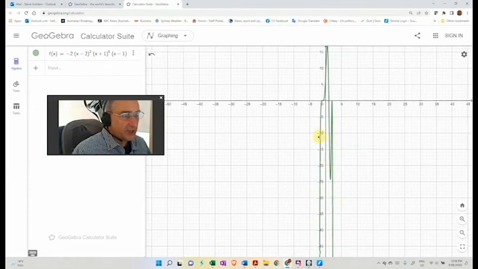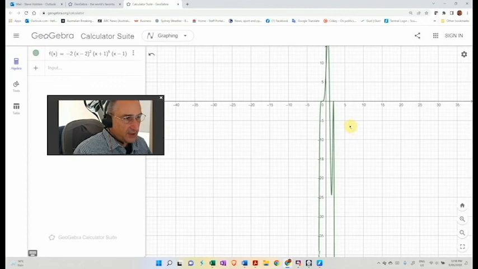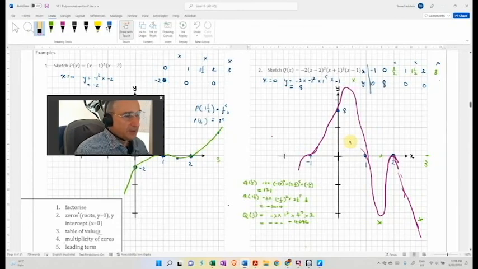You can see it goes from very strongly negative, through the y-intercept at x equals 0, y equals 8, and then turns back down. Although it's harder to see here, you've got the concave down shape at that zero, x equals 2. So there we go.